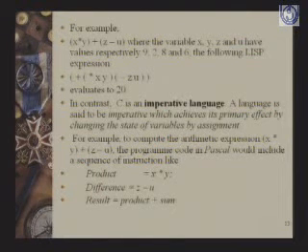In contrast to the language C, the imperative language, you would have given the three instructions at the bottom of the slide. First of all, you would find x star y and store it in some variable, say product.